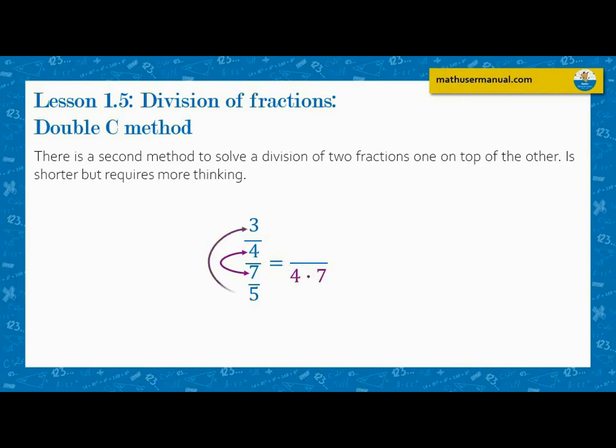Then we write a big C, multiplying the top and bottom numbers, the outside numbers, and they go in the numerator. It's called the double C because we have two C's. The small c goes in the denominator, so 4 times 7, and the big C goes in the numerator, so 3 times 5. Do the multiplications, and we get 15 over 28, and this is how we do divisions with the double C method.